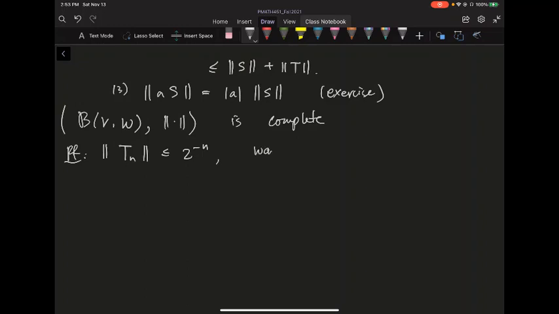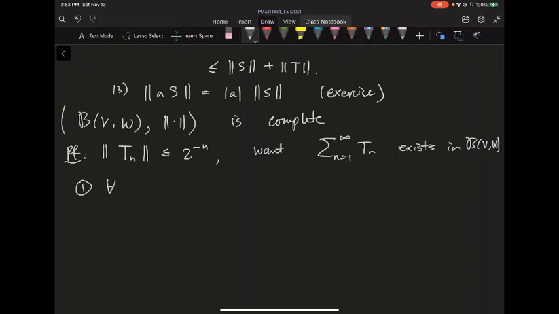We want to show that the sum of Tn from n equals 1 to infinity exists in B(V,W). Not only does it exist, it's actually the norm limit of the partial sums. That's the setup we had before.